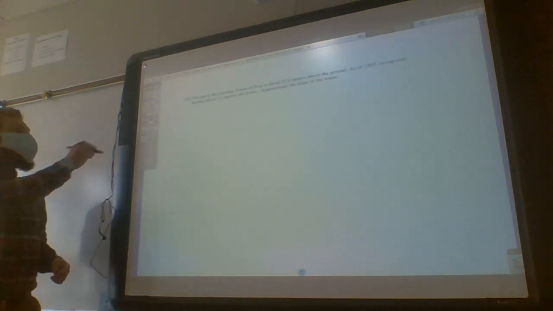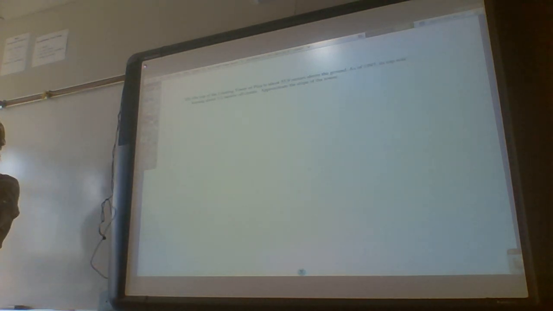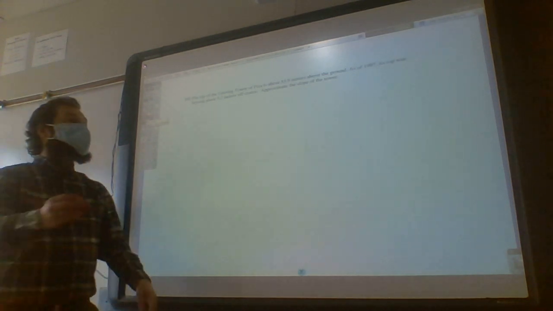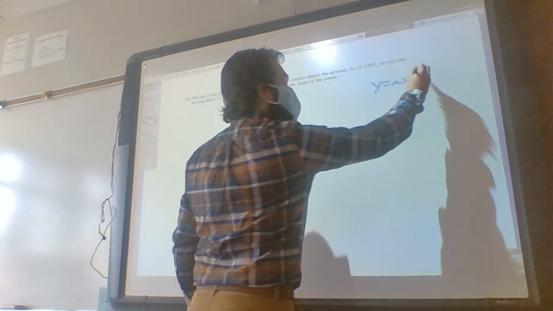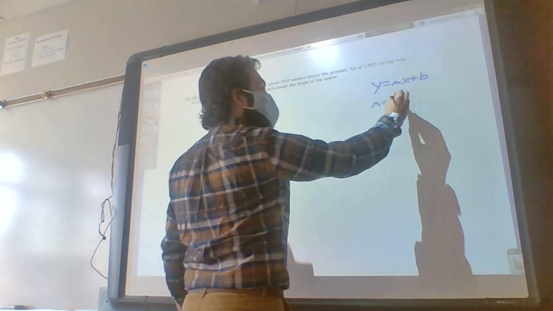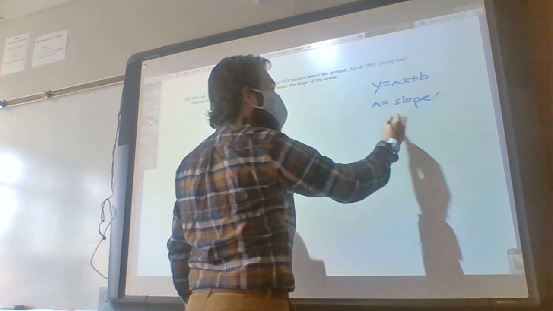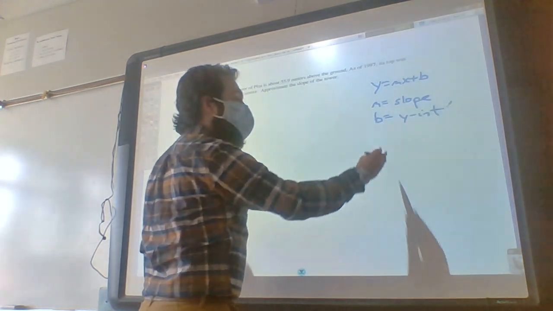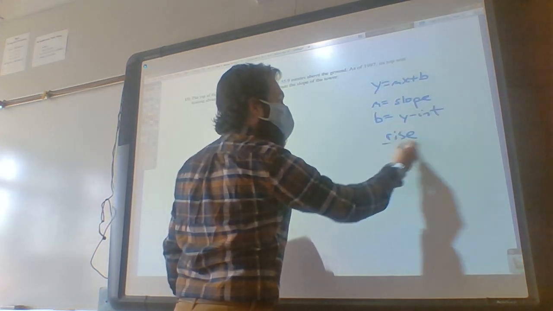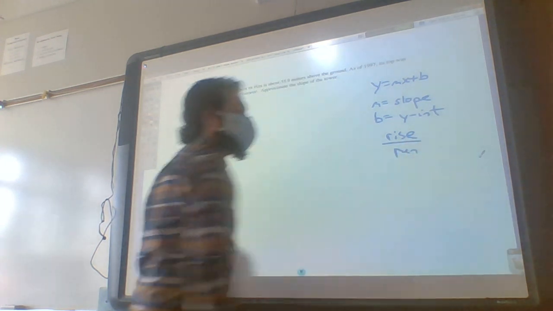So, adding things that we've talked about so far yesterday and today, we're talking about slope-intercept form, where we identified which parts equal our slope, which part equals our y-intercept, and then we have this key idea of rise over run.